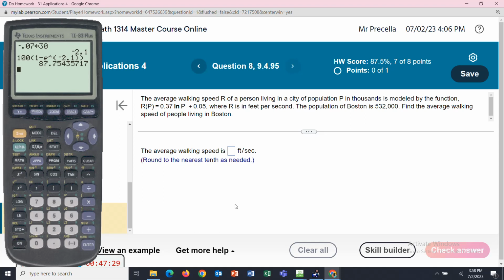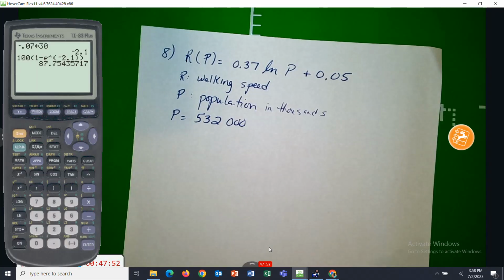But if you're in a city where the sidewalks are just jam-packed with people and there's a whole lot of traffic, then the walking speed would be slower.